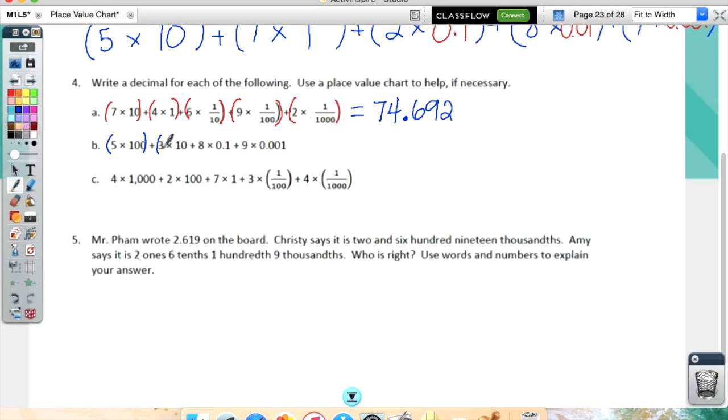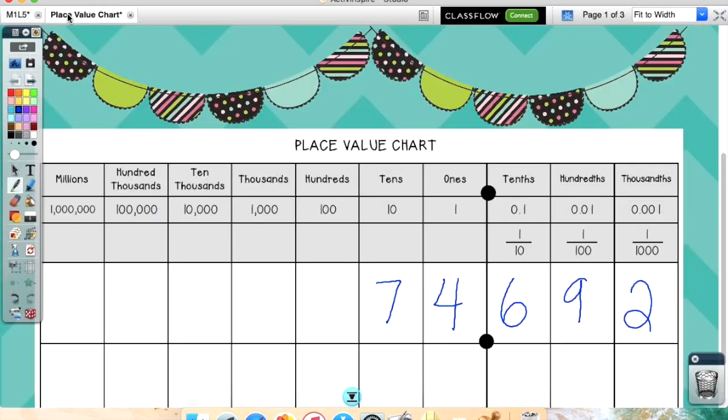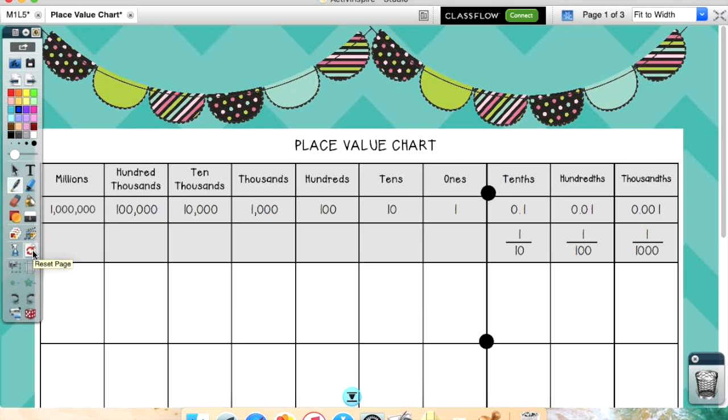So get your parentheses on there. And then we'll put this on the place value chart. I really need a copy of it. So what do I need to do first? Clear this out, right? Okay, and so there's a 5 in what place? Hundreds, okay.